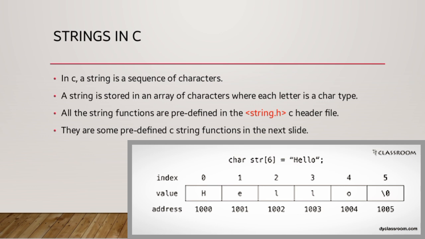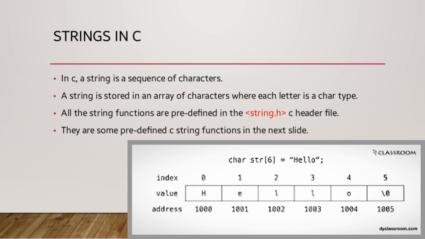But in my memory space, it is going to look this way. H is stored at index 0, E at index 1, L at index 2, L at index 3, and finally the last O at index 4. So when I want to make reference to them, I can use the index number. I can say, okay, print the element in index 1, or print the element in index 2.